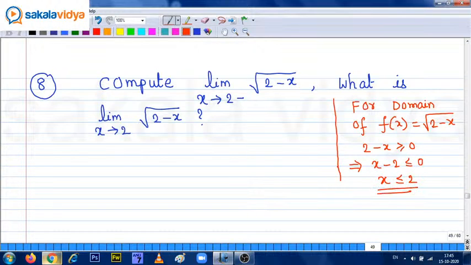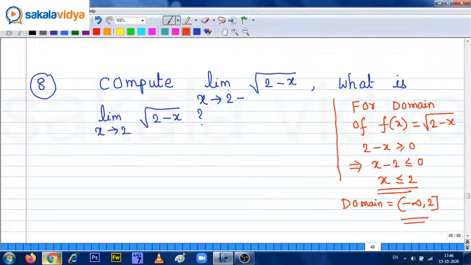So the domain of this function is minus infinity to 2 closed. That means only the left hand side limit will exist. The right hand limit will not exist for this one. So the left hand limit itself is the limit of this function. That we need to find out.